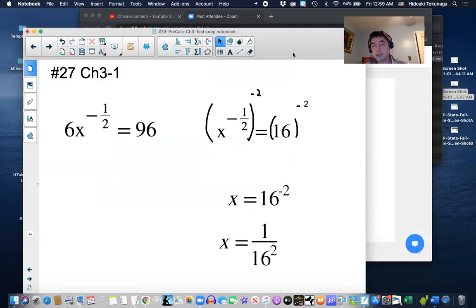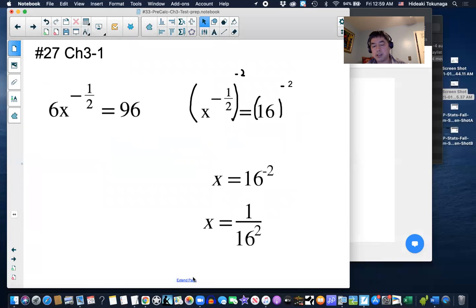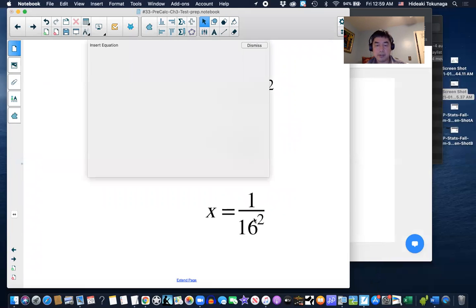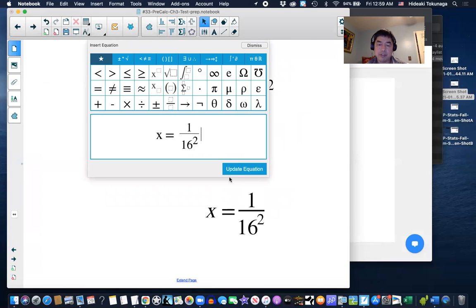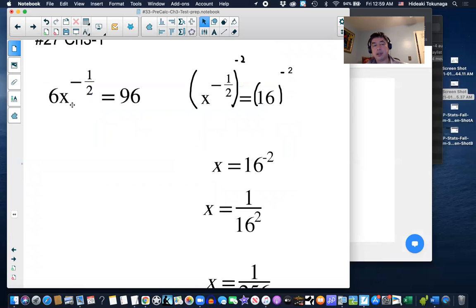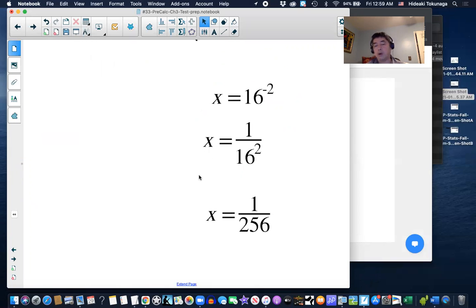Okay. 16 times 16 is 256, I believe. You can make sure 16 times 16 on a calculator, but this is the non-calculator section. 256. Okay. And you can plug in to here, and if it makes sense, 1 over 256 is the answer.